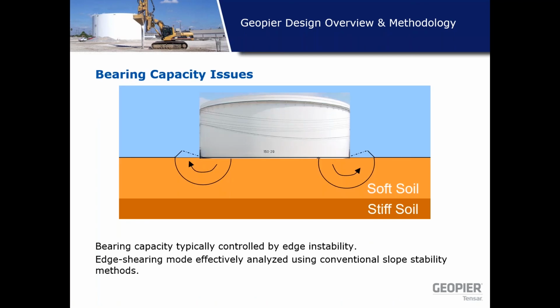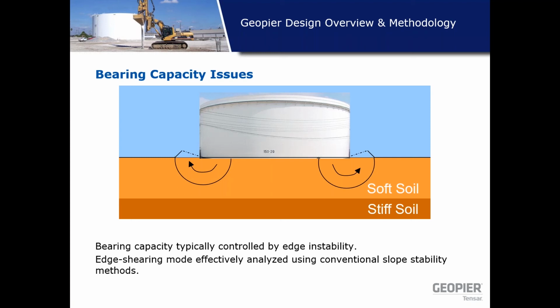Bearing capacity. Since these tank floors are not rigid, the bearing capacity is typically controlled by edge instability. One way to analyze the edge shearing mode is by performing the edge stability analysis. And we can use SLOPE/W or Slide, a program developed by Rocscience, to perform the edge stability.